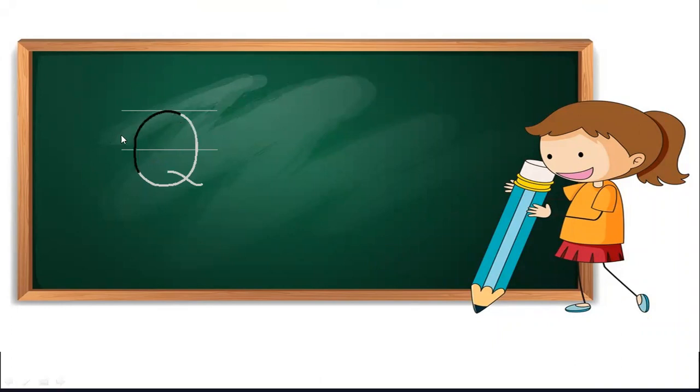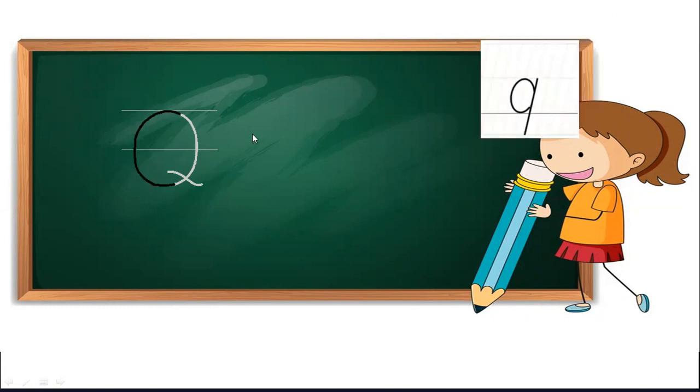Just draw O. A minute ago, you learned how to draw the letter O. Just draw O and then a small slanting line at the end. Then it will make a letter Q. Just draw the letter O and then a small slanting line at the bottom, so it will form a small letter q.